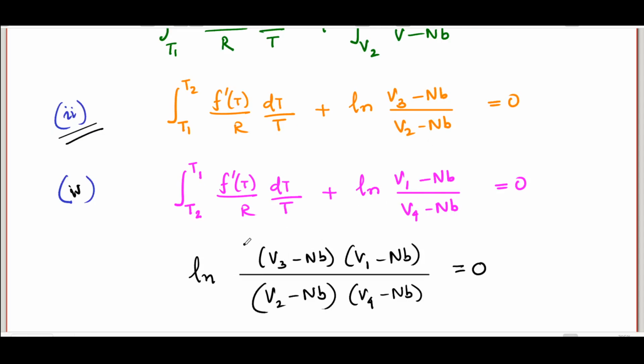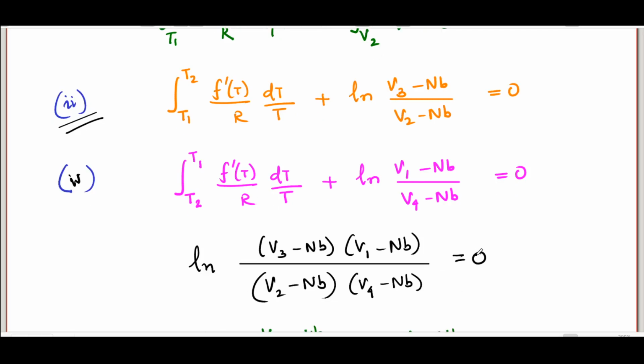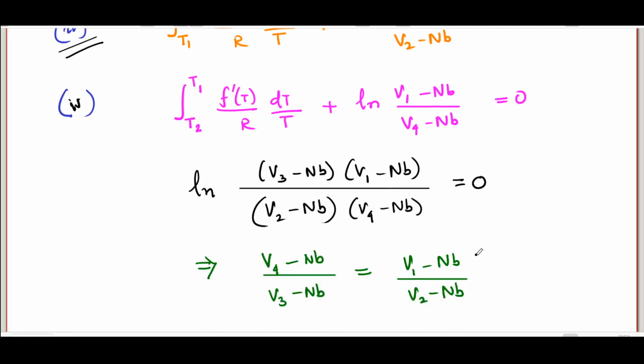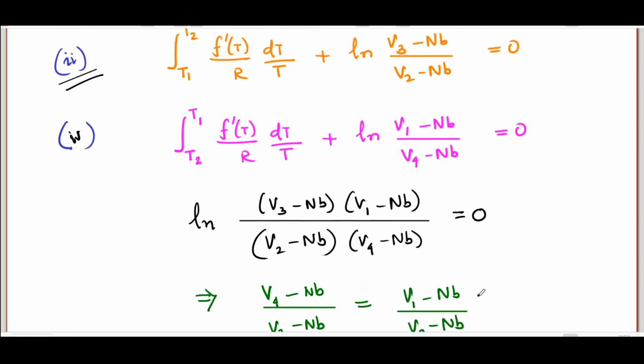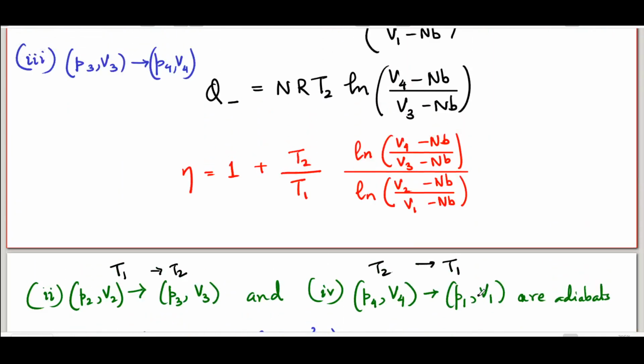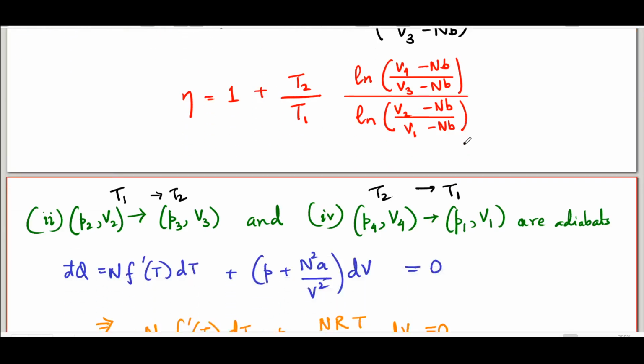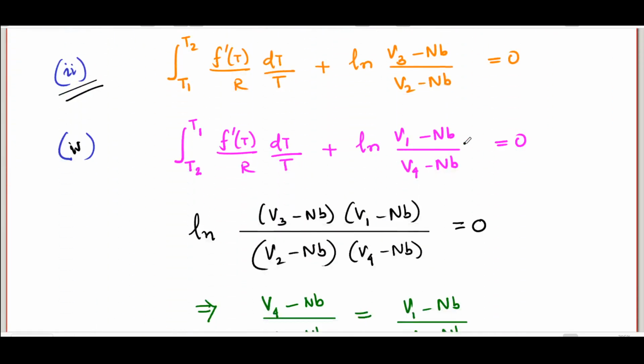That is, this particular product here is 1. And that, with a small bit of manipulation, immediately tells you that V4 minus nb by V3 minus nb equals V1 minus nb by V2 minus nb. And that, if you plug that back in the expression for the efficiency we have found out, tells you that these two will cancel each other with a minus sign, and you once again get the same efficiency back.